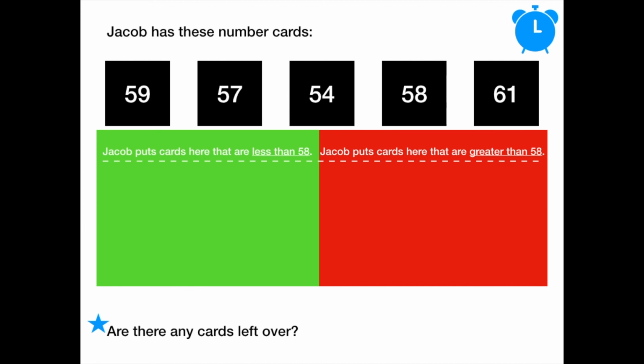On the green side, he puts cards that are less than 58. On the red side, he puts cards that are greater than 58. Do you know which cards go on the different sides? Use paper and a pencil to try this by yourself. Pause the video before the clock disappears, then press play to check your answers.